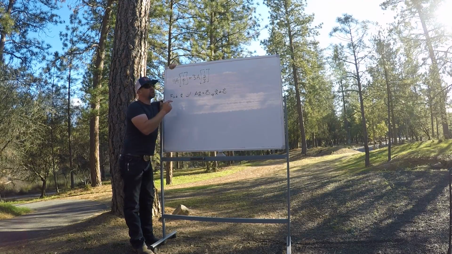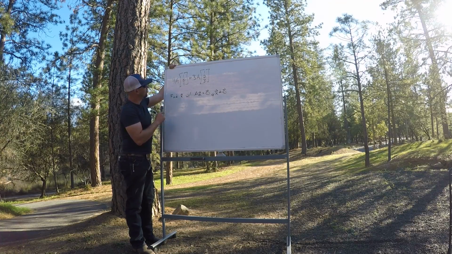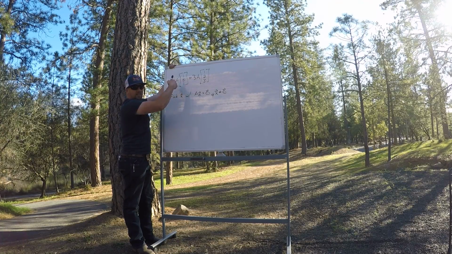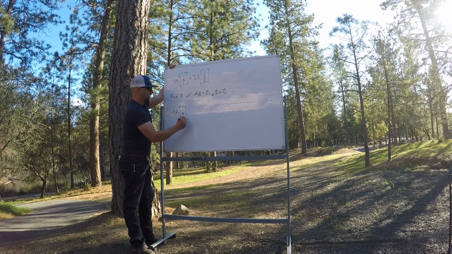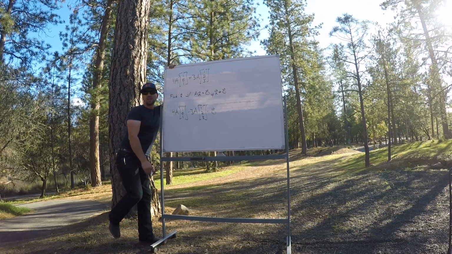You see that? So I'm going to manipulate that thing a little bit. I'm first going to try to get the A's together. So I'm going to get this stuff to that side. So I'm going to say this is 4A(1,0,1) minus 3A(1,2,3) is the 0 vector. How was I allowed to do that operation?